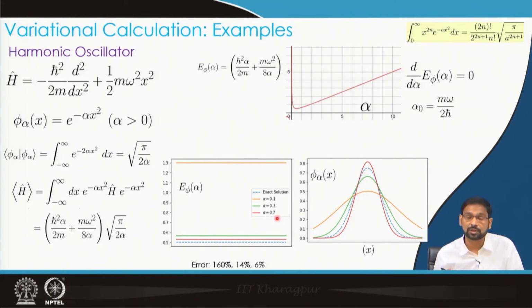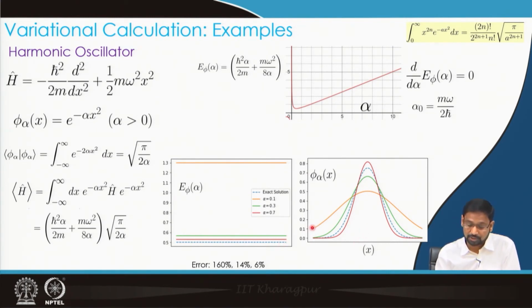This is the beauty of the variational principle. It is not a monotonically decaying function; the moment you cross the best value alpha 0 and overshoot it, the energy goes away from the true ground state energy.